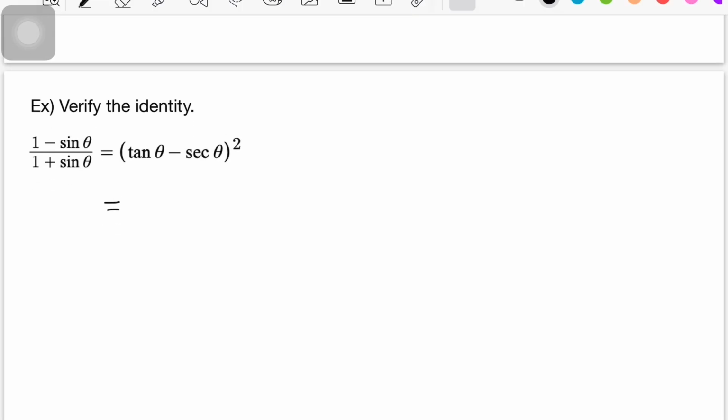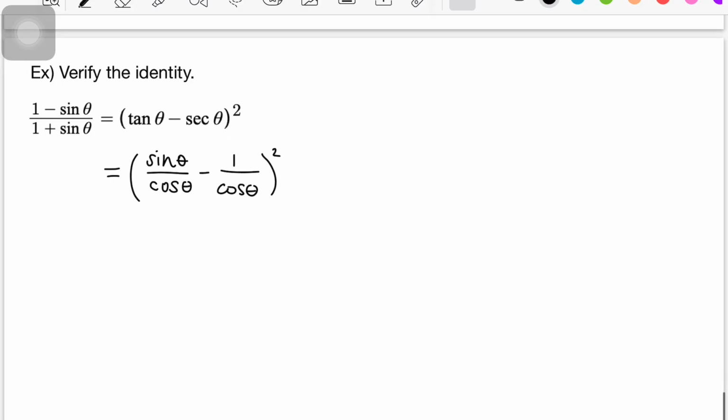We're going to work with the right-hand side and we're going to rewrite what's in the parentheses in terms of sines and cosines. So we know tangent theta is the same as sine theta over cosine theta. And we know that secant theta is the reciprocal of cosine theta. So that's what we have in our parentheses here. Now just combining these, we have the same denominator here.